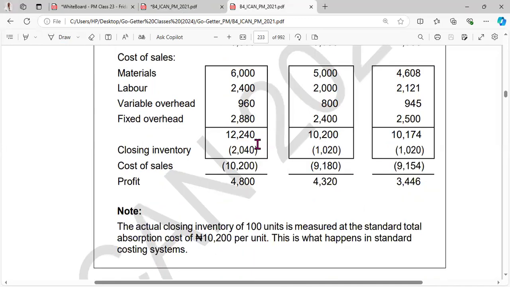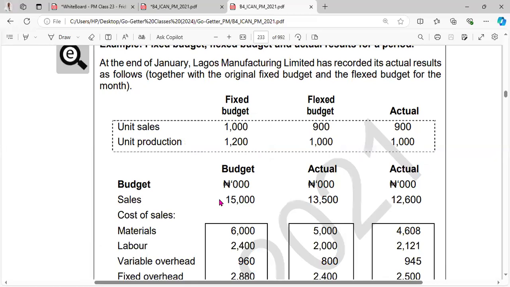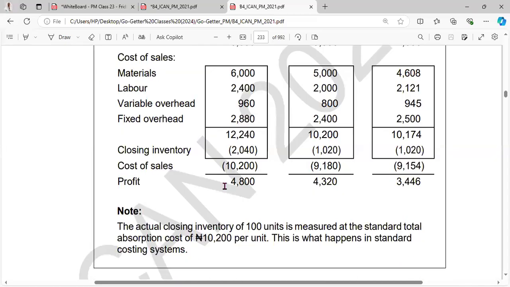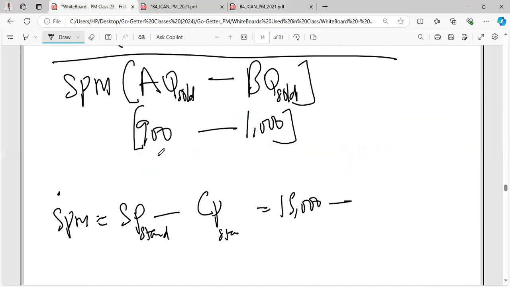Look at even that, cost of sales here is 10,200. So it is 15,000 here. That is your budgeted sales minus your cost, and this is your budgeted profit. That is what we are using, that is what we want to derive.